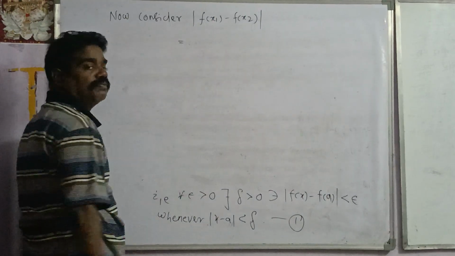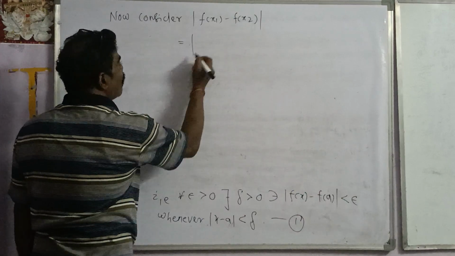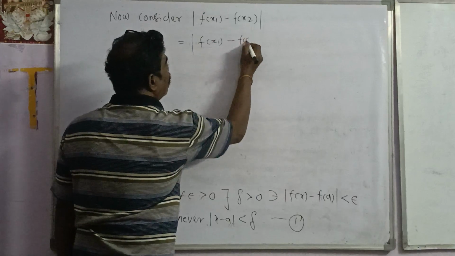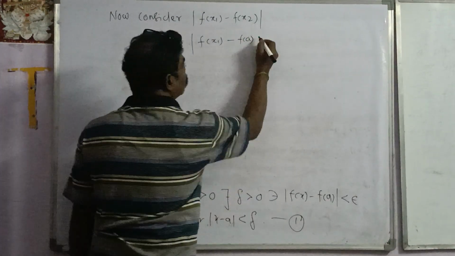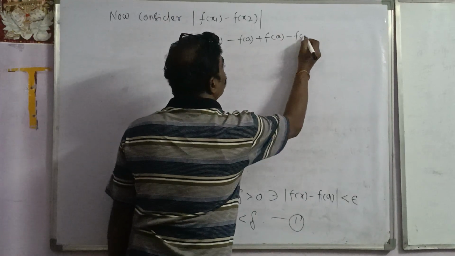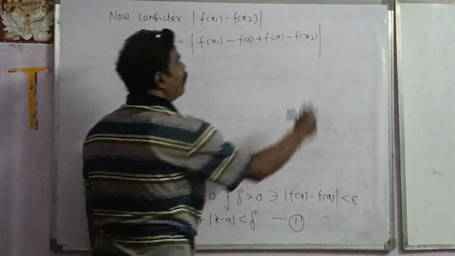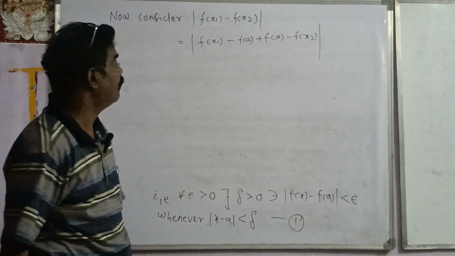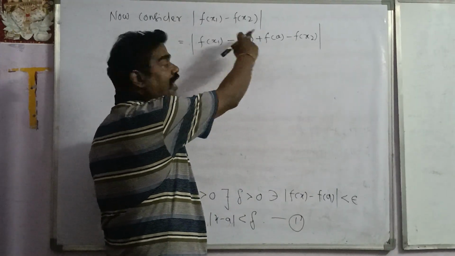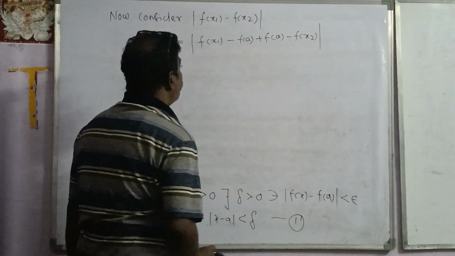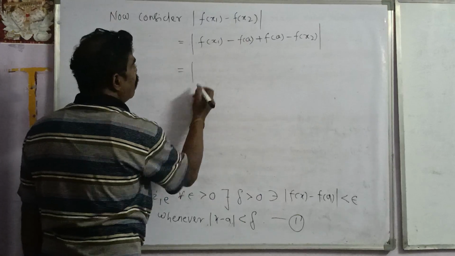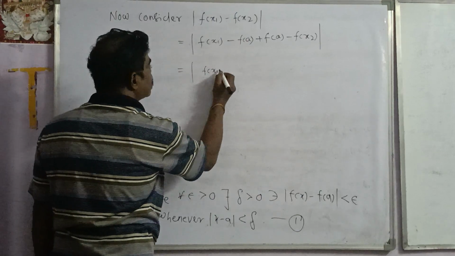This is equal to, in this, what I will do here, adding and subtracting f(a). What I did here? Adding and subtracting f(a). Right or not? Same result you are getting.